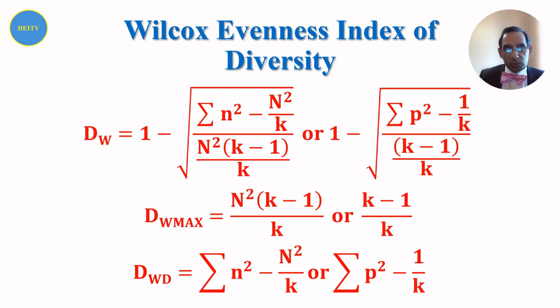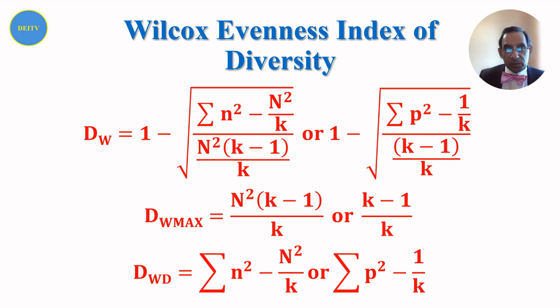So the first way of representing the formula is provided on the right hand side, which is 1 minus the square root of the sum of n squared minus the total number of individuals in an organization squared divided by k, the number of groups. You divide that product by the number of individuals in the organization squared times k minus 1 divided by k. And that's subtracted from 1 to obtain the diversity score.